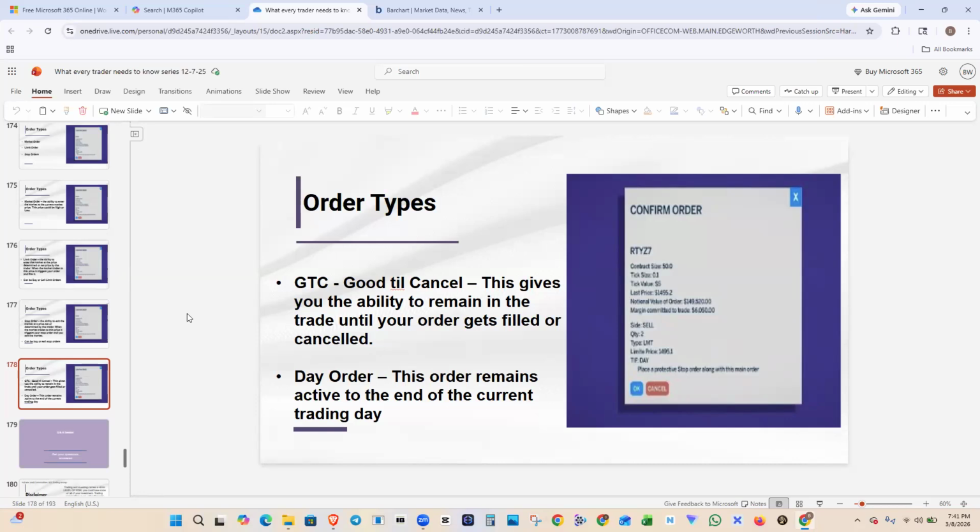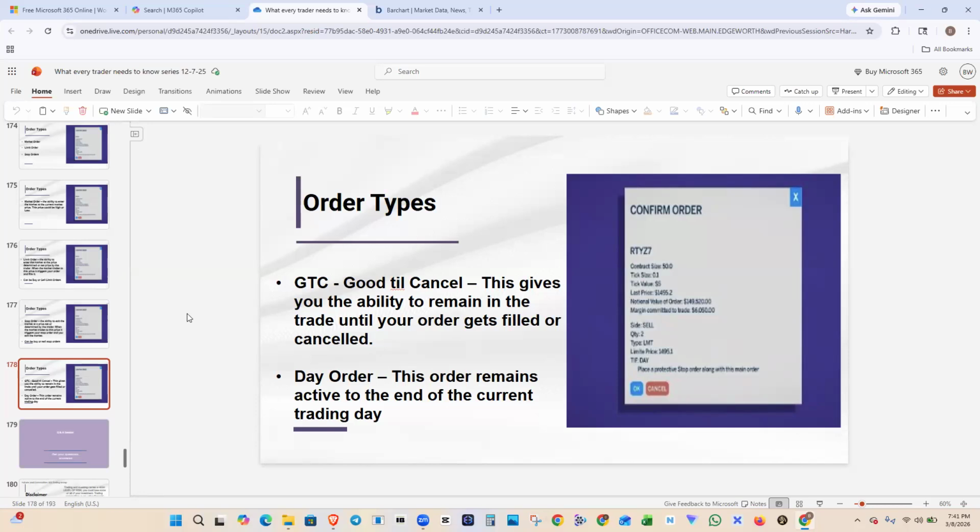Now, the others, one is called a GTC or good till cancel. Your stop loss will always be a good till cancel order.